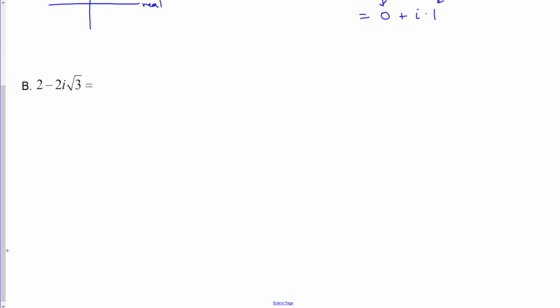Same thing happens in an example like this. Notice that I have 2 minus 2i root 3, so it's a bit more complex. But what I'm going to do is start off by factoring out a 2. And now I have some more common terms that I see with sine and cosine. I don't necessarily see a 1 and a root 3, but I do see a 1/2 and a root 3 over 2. So I'm going to factor out an additional factor of 2.